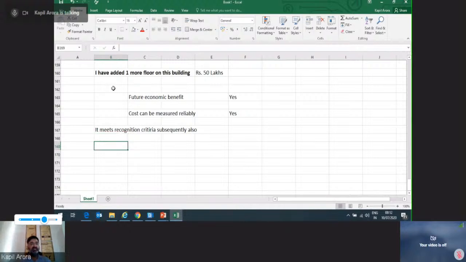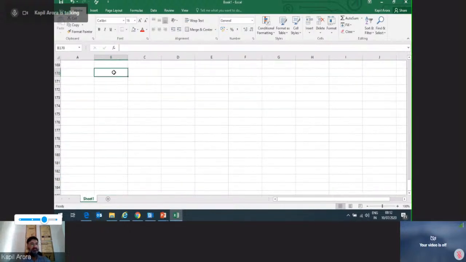I take another example. On Diwali, I have got this building repainted. So generally we get the building repainted around Diwali time so that it looks new, right?